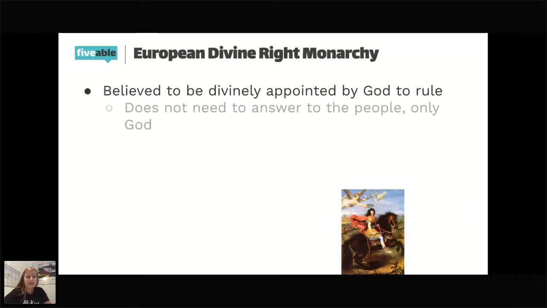And what that really does is give the ruler power to not have to listen to anybody else. Because if you say, who made you king? Well, God made me king. So you can't question my authority, because guess what? If you question my authority, you're questioning God. And if you're a good Christian in Western Europe, you're not going to question God.